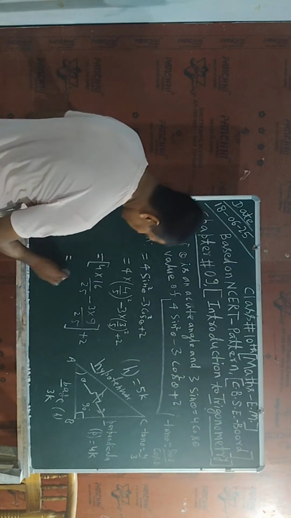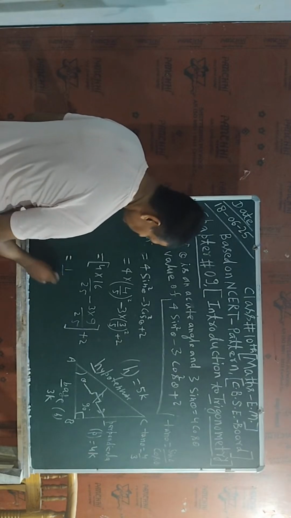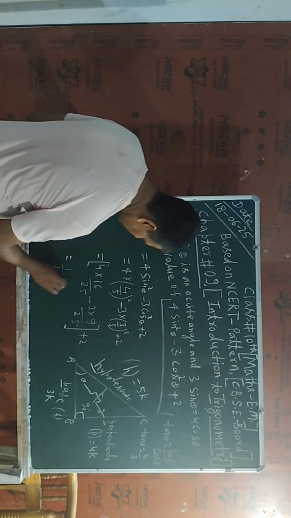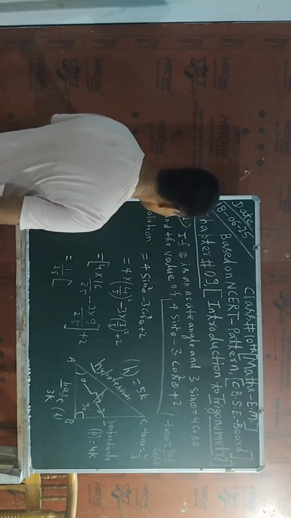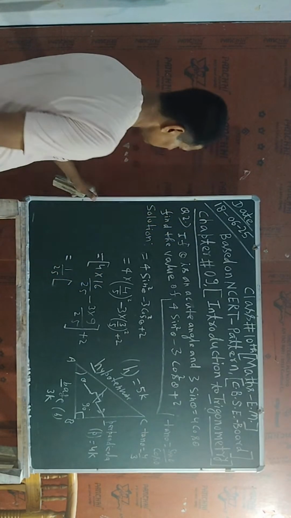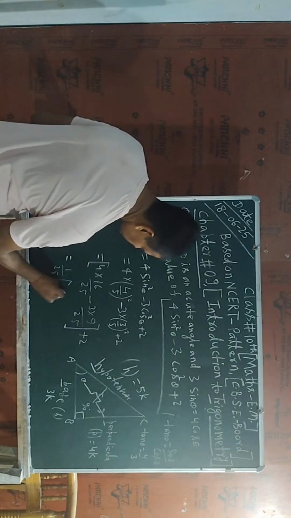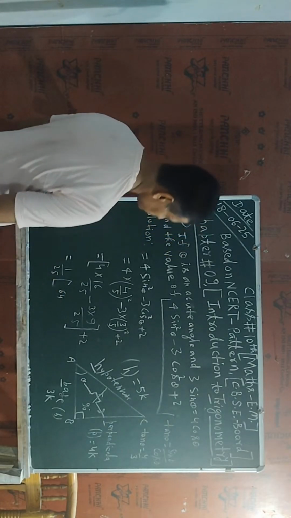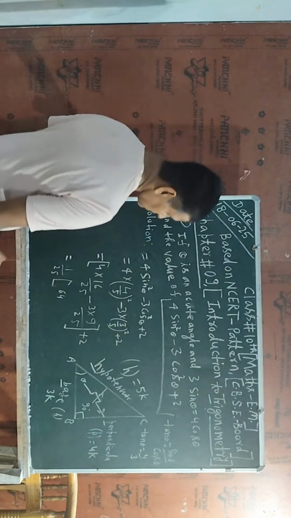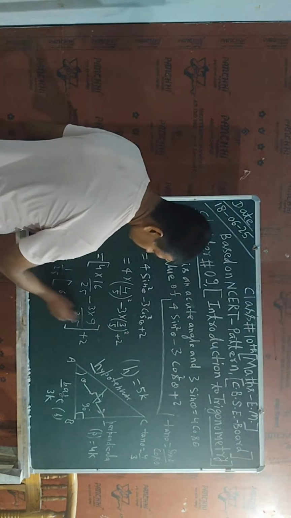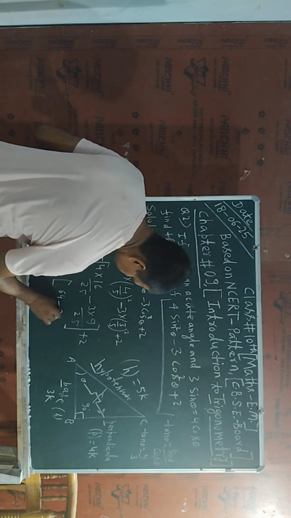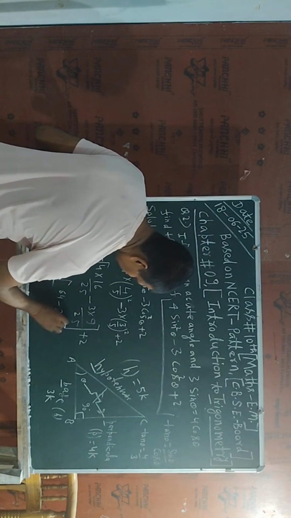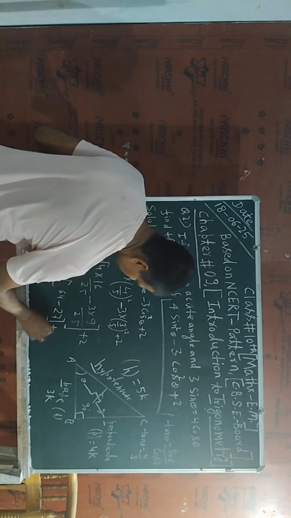So here 1 by 25 I am going to take common, and in the bracket I have to write 4 into 16, 64, minus 9, 3 into 9, 27. Here I write plus 2.